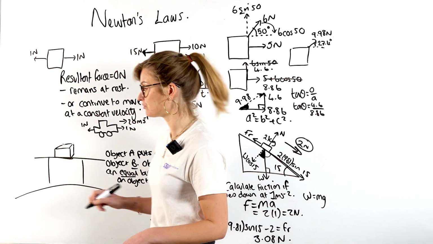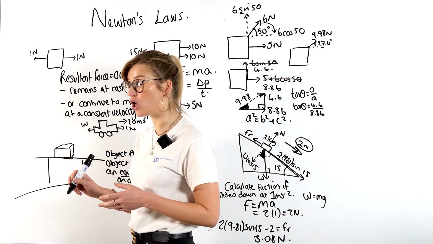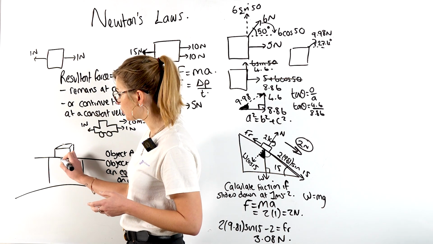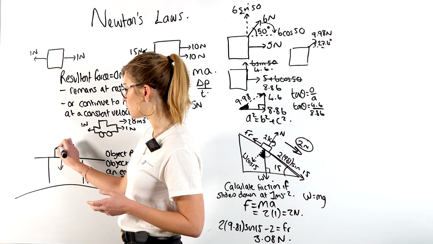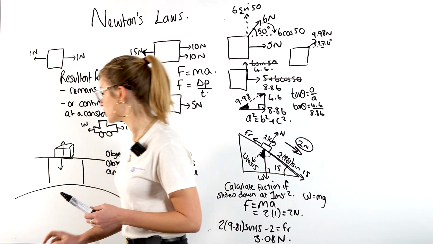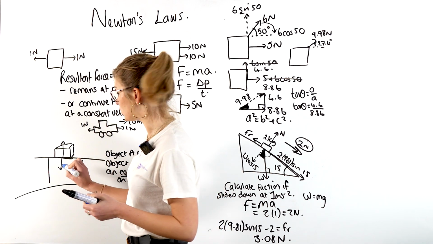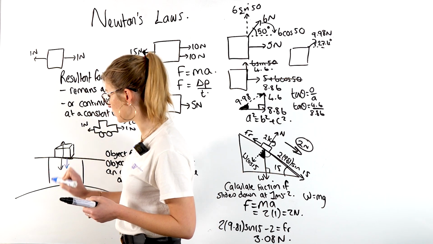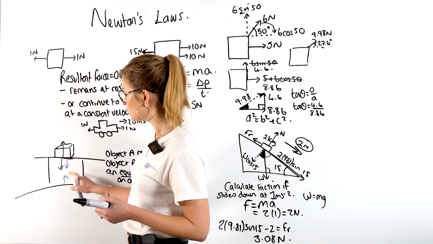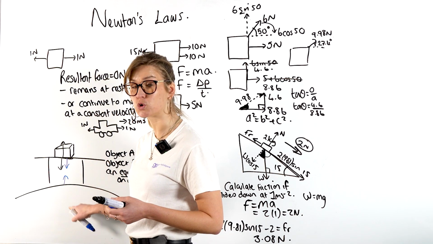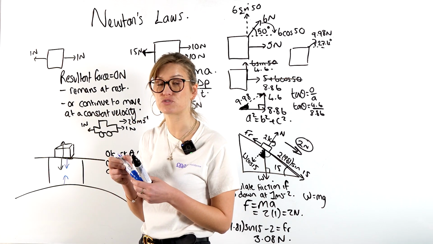So if I look at my example here of a book on a table, if I was doing Newton's third law, I could say the book puts a force down on the table, and the table puts an equal but opposite force up on the book. Another third law pair: gravity pulls the book down, and the earth gets pulled up by the book, because remember, gravity exerts force on masses.